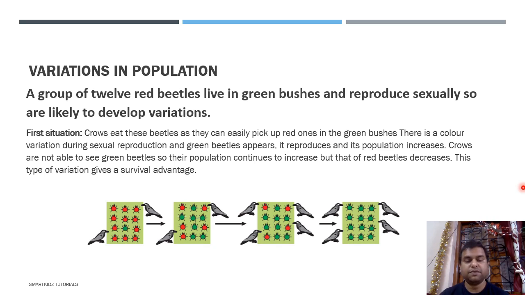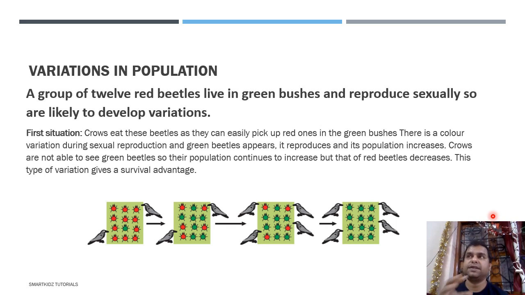Here we have a group of 12 red beetles living in green bushes, and they reproduce sexually, so obviously they are likely to develop variations. Remember a few things that have been mentioned: there are 12 red beetles and they are growing in a green bush.